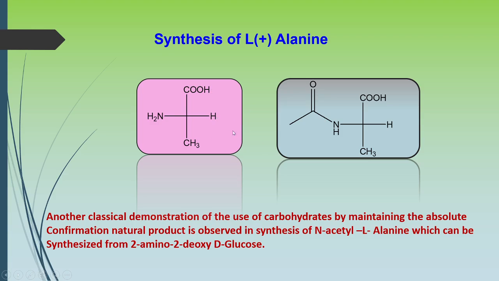Our target molecule is L-alanine, but it can be protected by using acetic anhydride and we get N-acetyl L-alanine. So our target molecule is N-acetyl L-alanine, which can be synthesized from 2-amino 2-deoxy-D-glucose. This is our starting material. See the retrosynthesis.